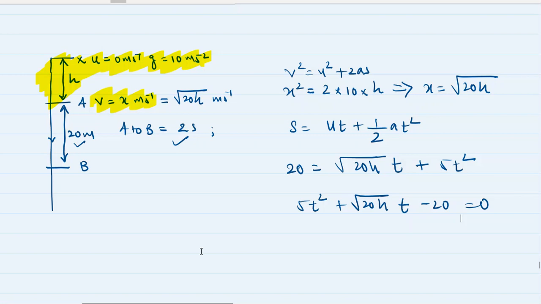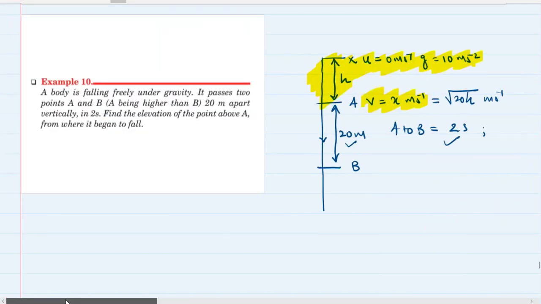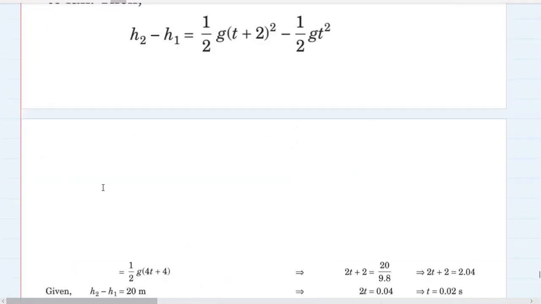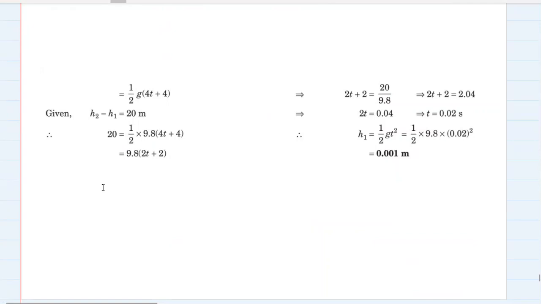My method is absolutely correct. If I take the acceleration as 9.8, then things would have been different, because here 20 and this 4.9 t square, that is 4.9 multiplied by 4, will not cut and I get my answer properly. So my method is perfect, but the only thing is they have taken g as 9.8 and their answer is coming to be 0.001, which is very close to 0.